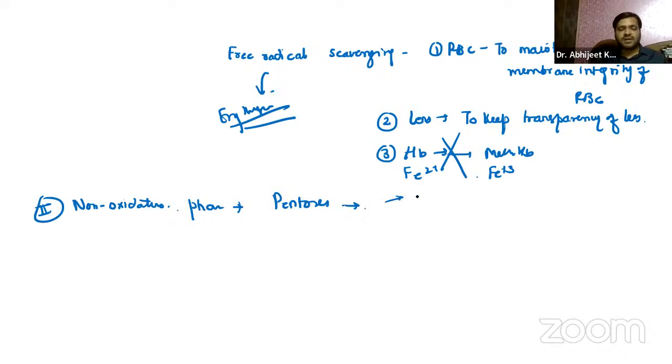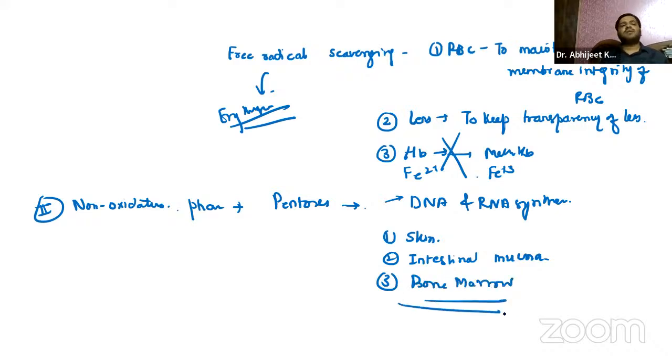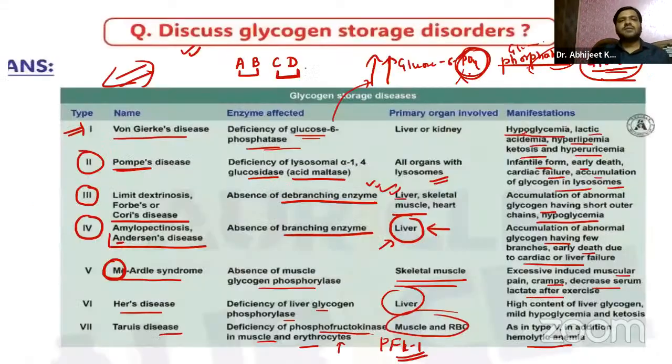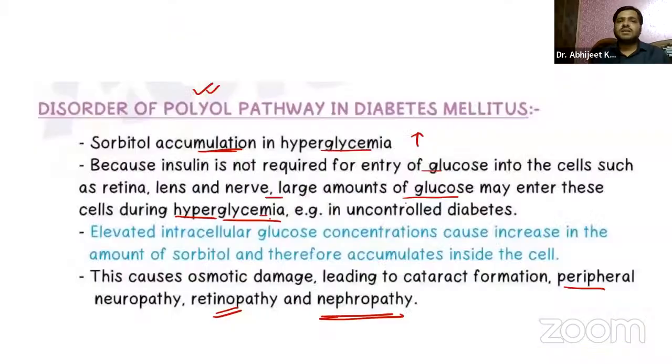So basically, this is occurring in all the organs. The pentoses are important for DNA and RNA synthesis, especially in the skin, the intestinal mucosa, and the bone marrow. So that is about the non-oxidative phase. I've not discussed it in detail. You can just go through the notes. Rest all questions we have discussed in detail, guys.